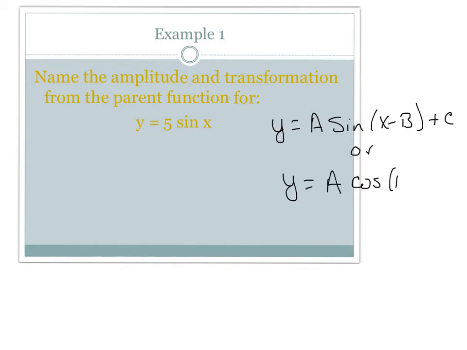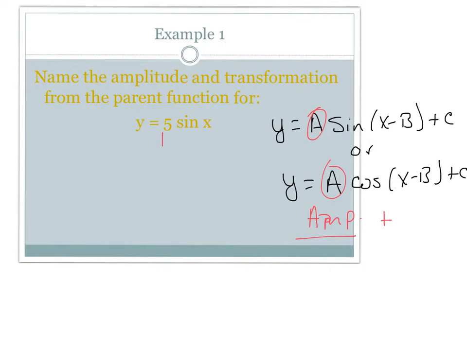It doesn't matter what our trig function is, the letters stay the same. So this guy right here, I called it our vertical shift. That's also our amplitude. So when I name the amplitude, it's always positive.